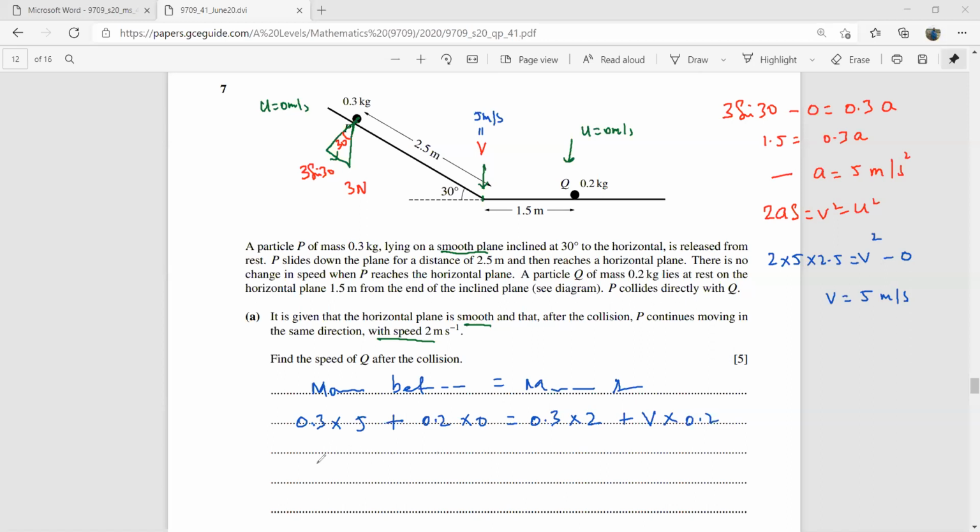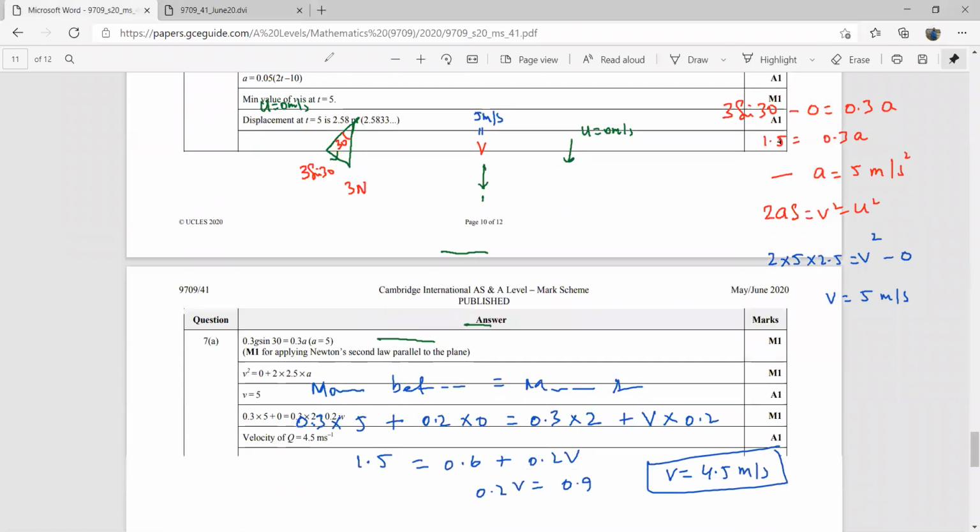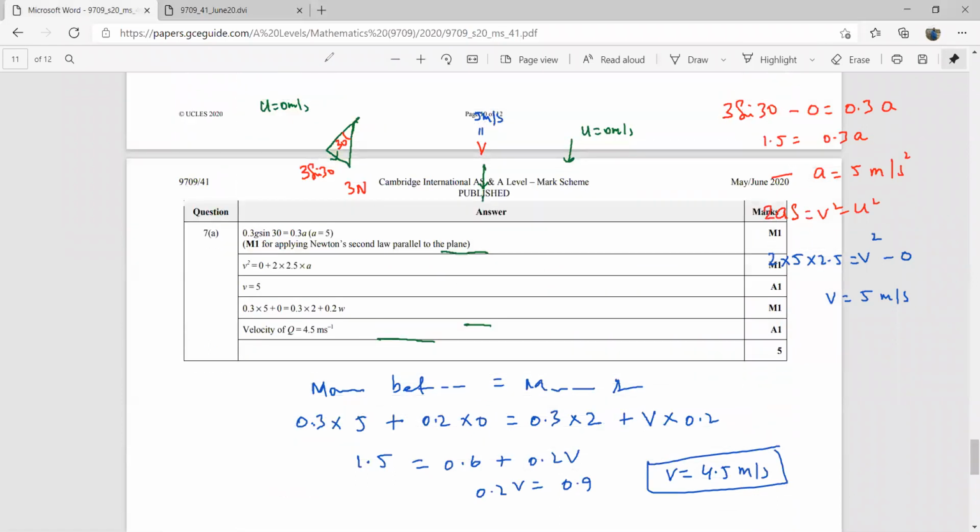So you have 1.5 equals 0.6 plus 0.2V. So this 0.2V is equal to 0.9. So your V is going to be 4.5 meter per second. Let's check the answer quickly if it is really correct. Yeah, that is correct. Here it is 4.5 meter per second.